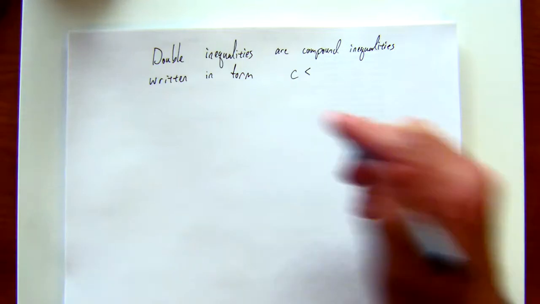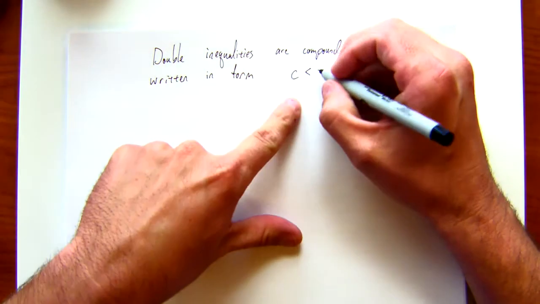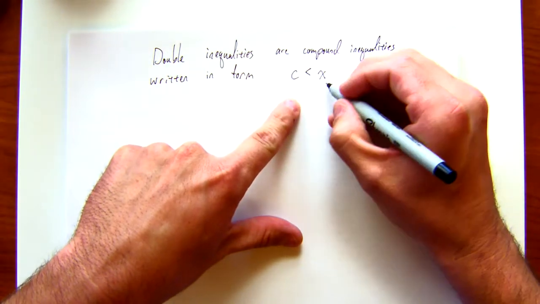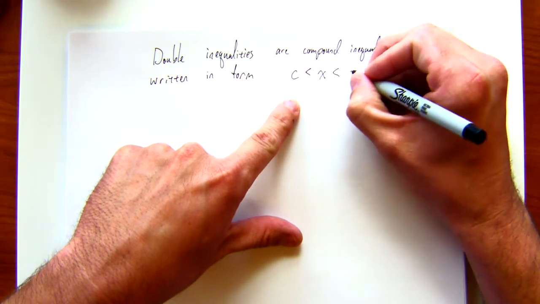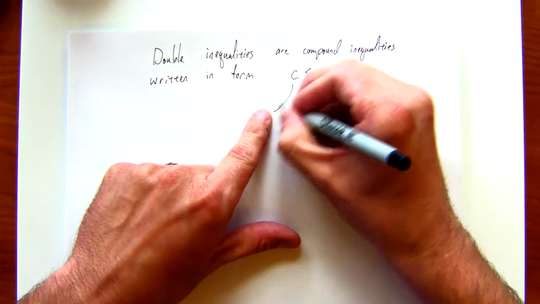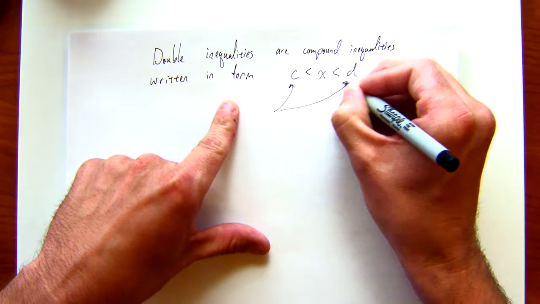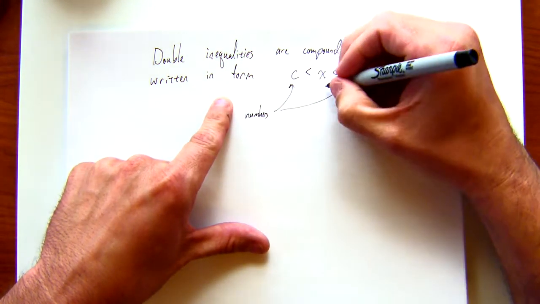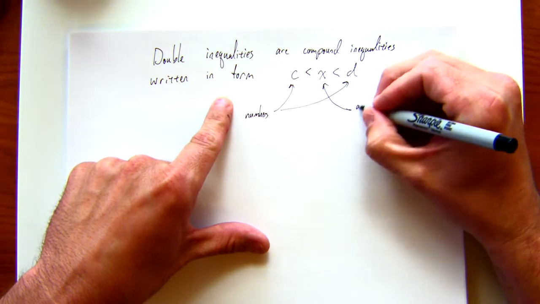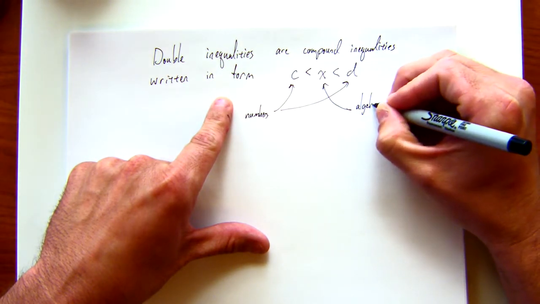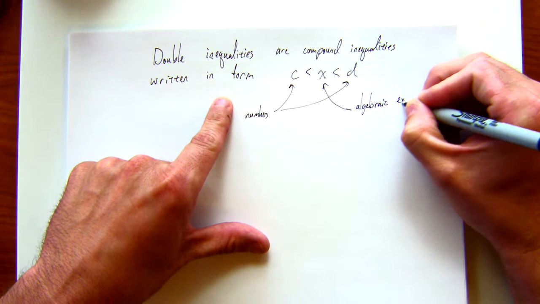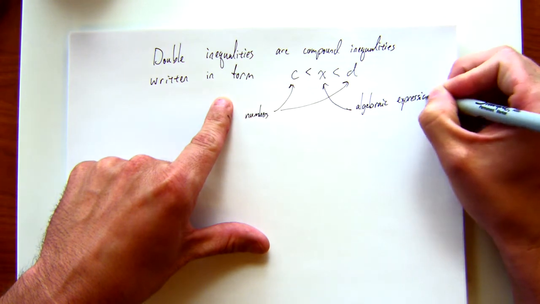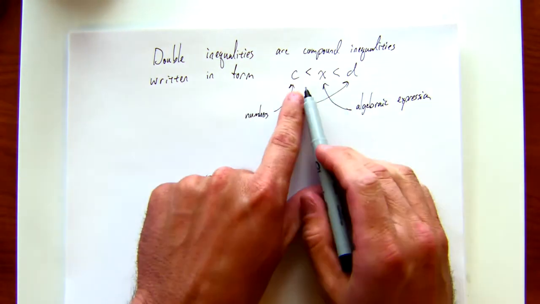But double inequalities, or compound inequalities, are written in the form C is less than some expression, and that's also less than some number. Here, these C's and D's are just numbers. This X can be any algebraic expression. Notice it's just a double.